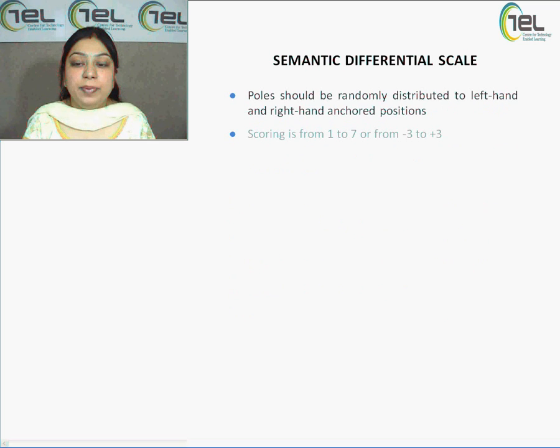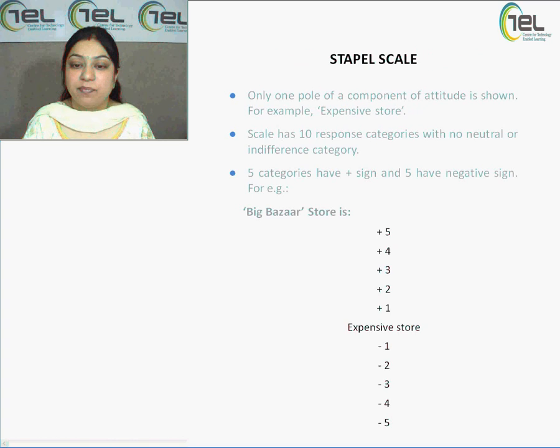Now poles should be randomly distributed to the left and right hand anchored positions. The scoring is generally done from 1 to 7 or from -3 to 3. Now only one pole of the component of the attitude is shown, for example, expensive store.